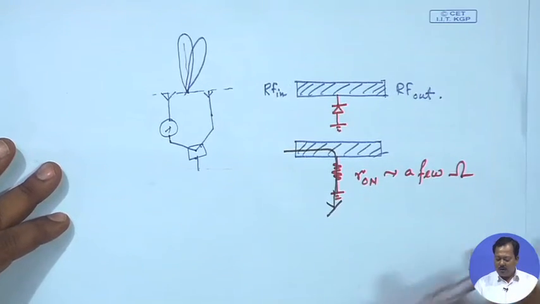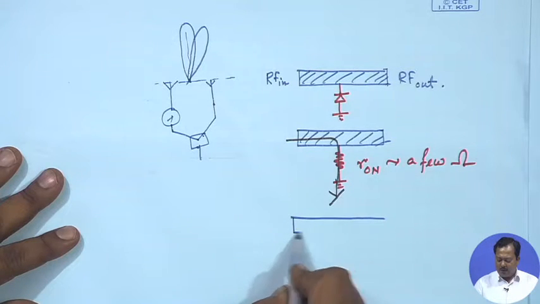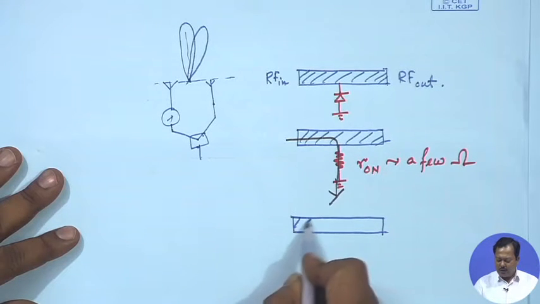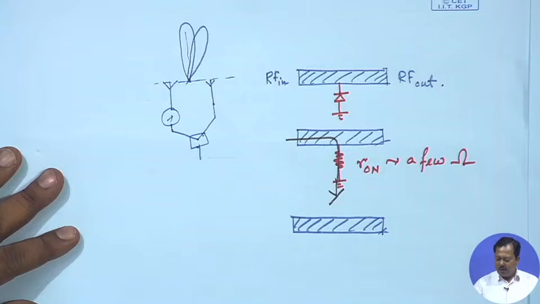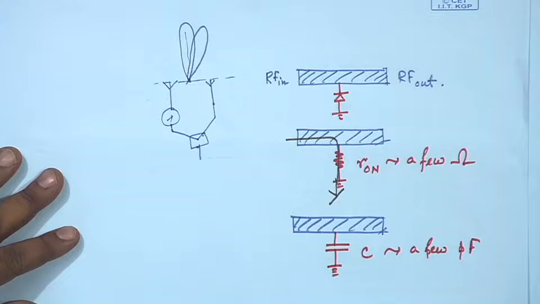Now, consider the second scenario, when this diode is switched off. In that case, we can represent the diode by a small value of capacitor. So, C is typically a few picofarad.